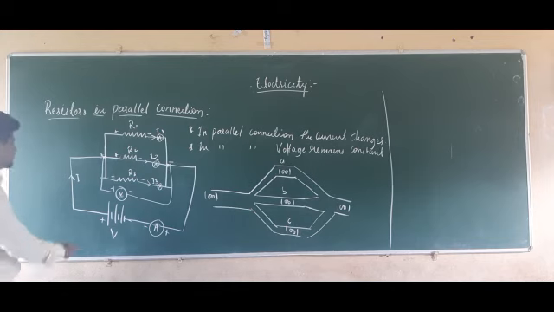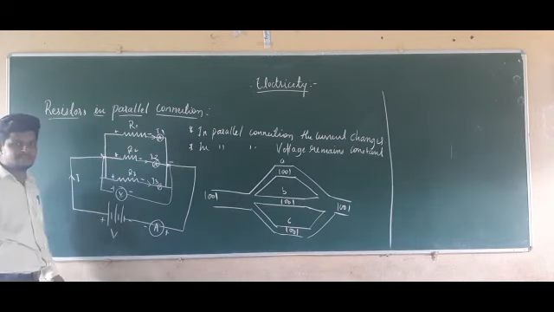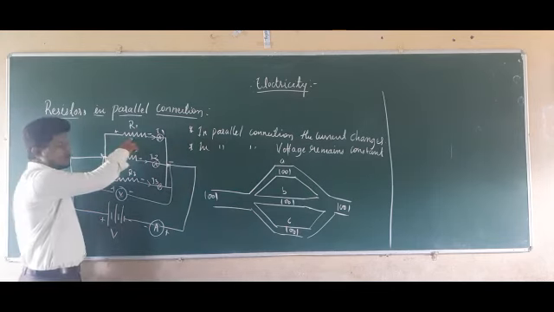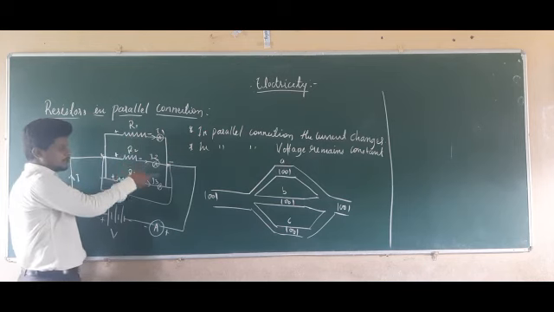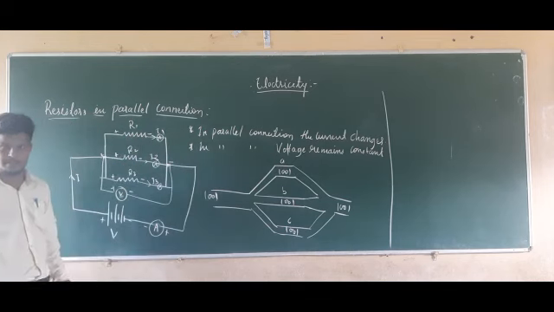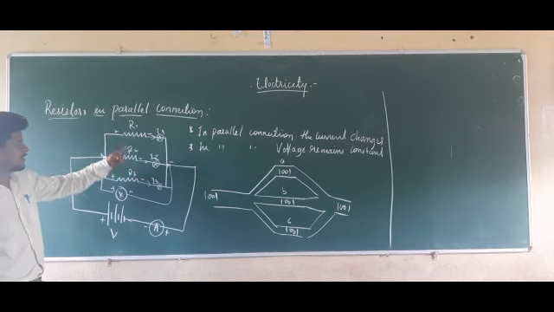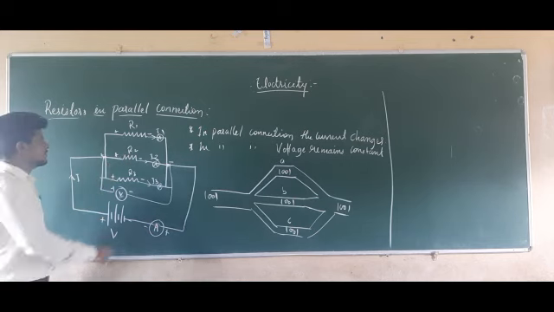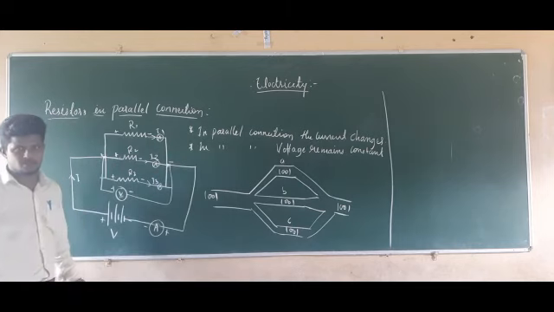The total current flowing through this circuit is the sum of the current flowing through R1, the current flowing through R2 and the current flowing through R3. R1, R2, R3 are the resistors, and I1, I2, I3 are the currents flowing through R1, R2, R3 respectively.